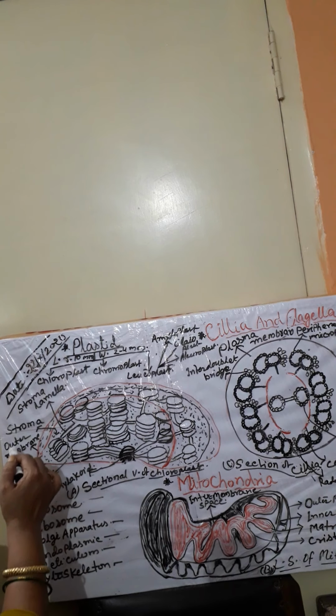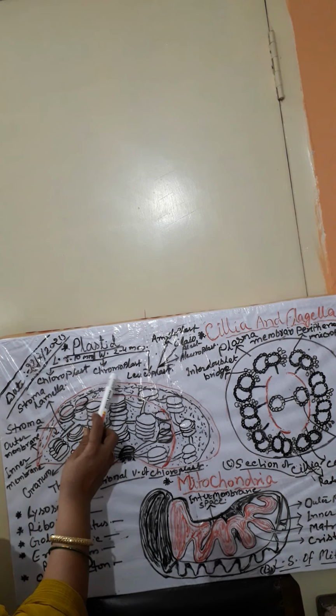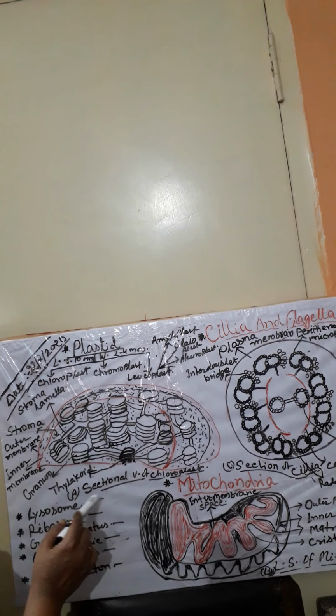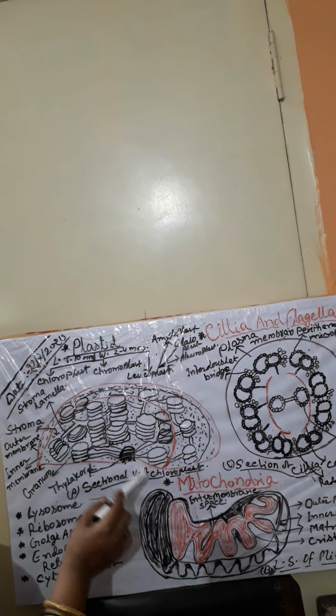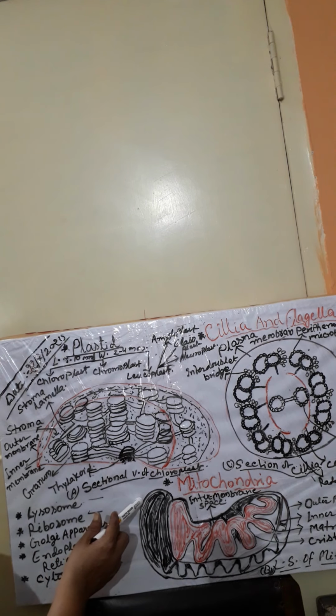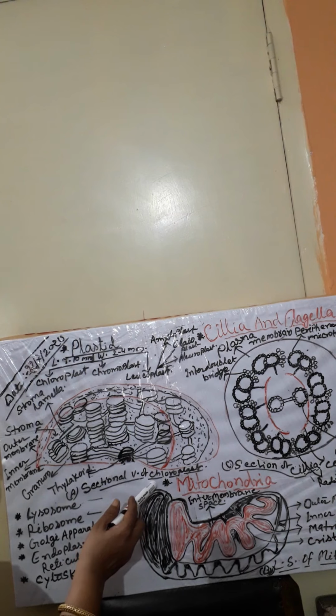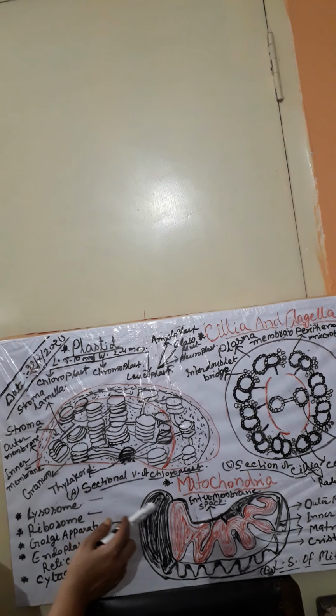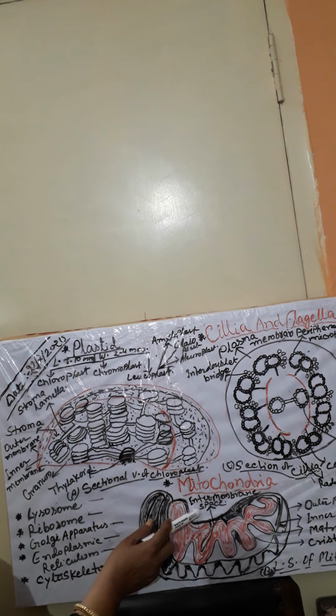So these are the complete structures of plastids with their sectional view. Now we discuss mitochondria. These are other cell organelles, also known as the powerhouse of the cell.